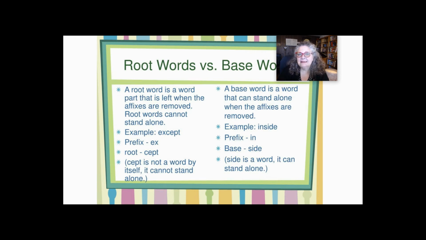So when the word is stripped of its prefixes and suffixes, if that word cannot stand alone, it's a root. It needs other things. Roots need the other parts of the tree to survive, right? And if the word can stand alone when you take off the prefix or suffix, so if we have the word inside, when you take the prefix in off, you still have the word side, and that's actually a word in English.